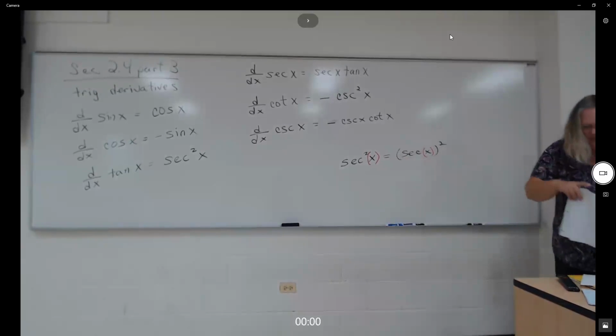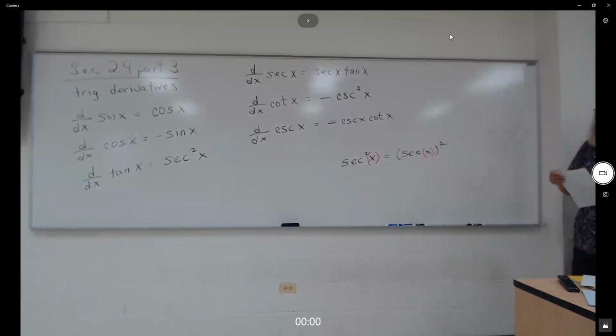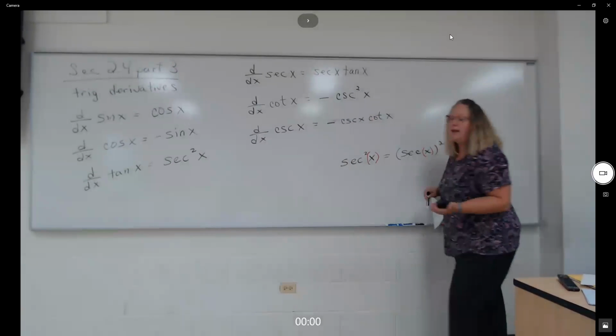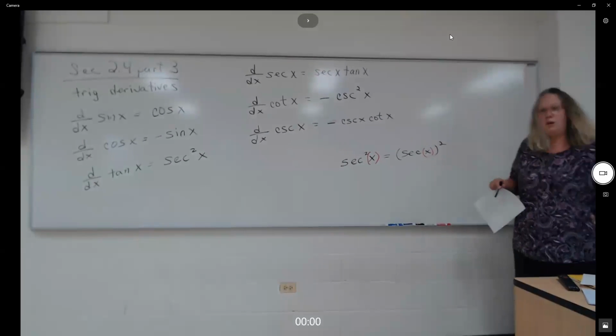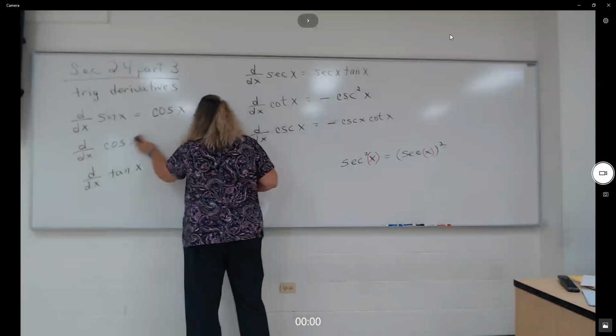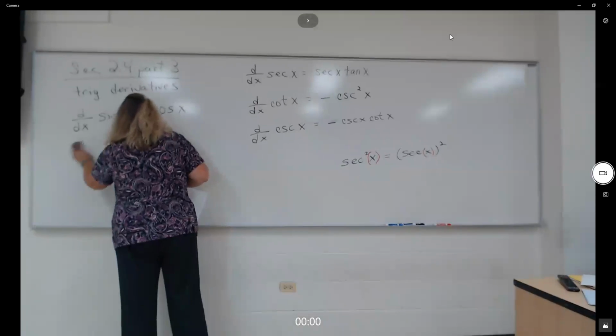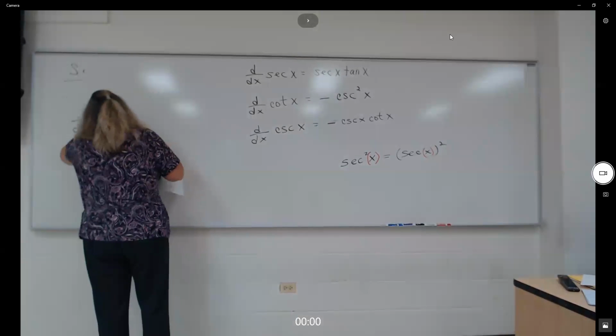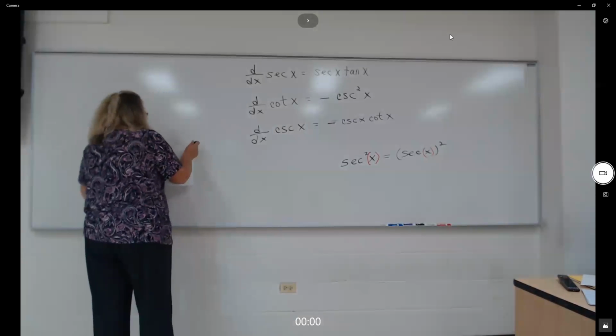Okay, so let's put into play all our rules, our product rule and our quotient rule with trig. We did some already with sine and cosine for product rule, but let's differentiate or find a derivative, whichever one.